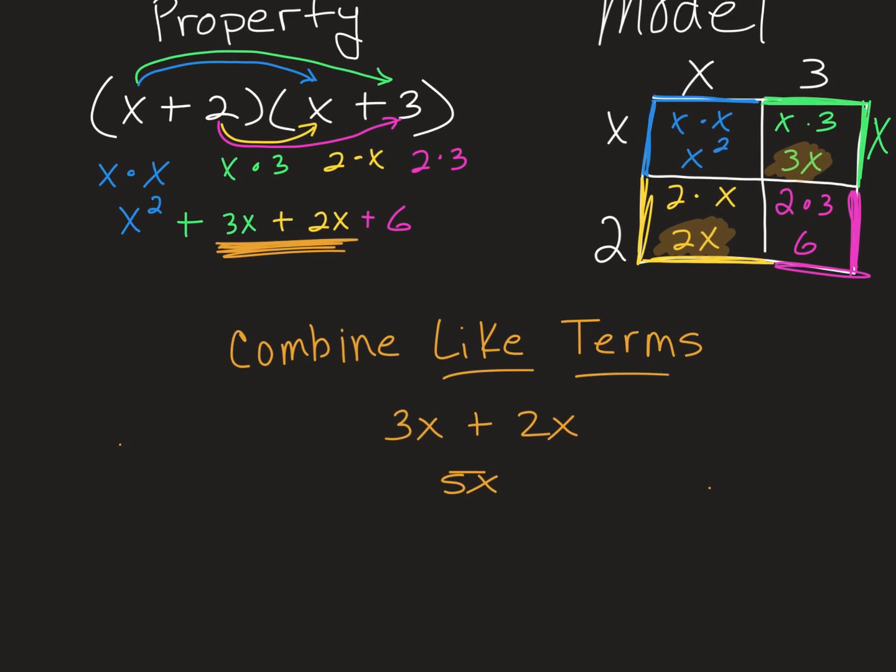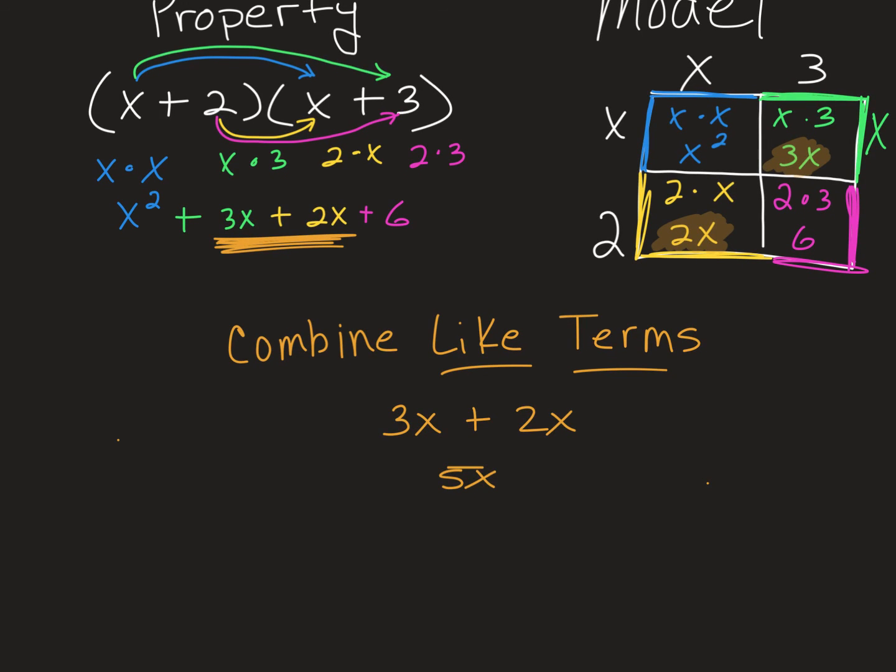And so my final simplified version, after I get done, so I still have x to the second, which can't be combined with anything. So plus the 5x that I got from combining those like terms, plus 6.